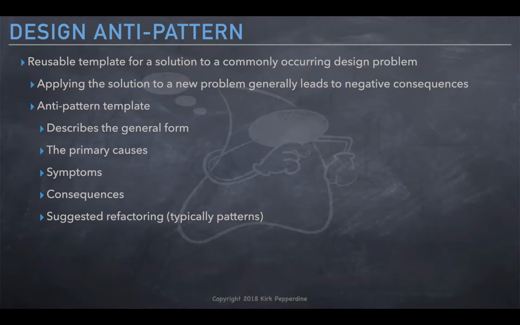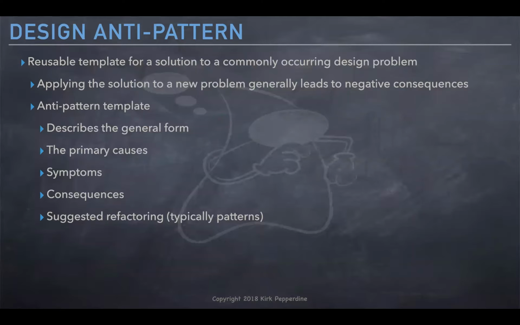We're going to apply the solution maybe to some new context, transfer this thing over and use it again, or maybe we've just thought, hey, this is a good solution to this particular problem. But when we start applying this pattern to this problem, because maybe that's a naive or first-principles approach, it's going to lead to some negative consequences.